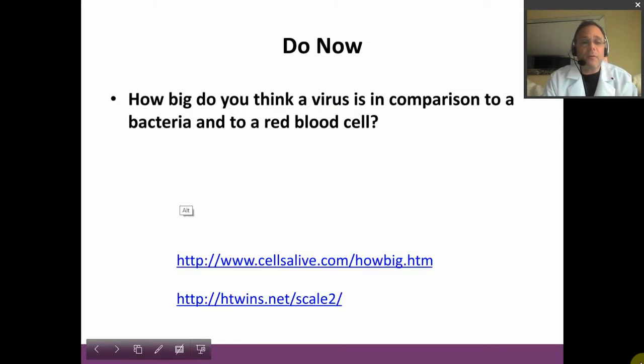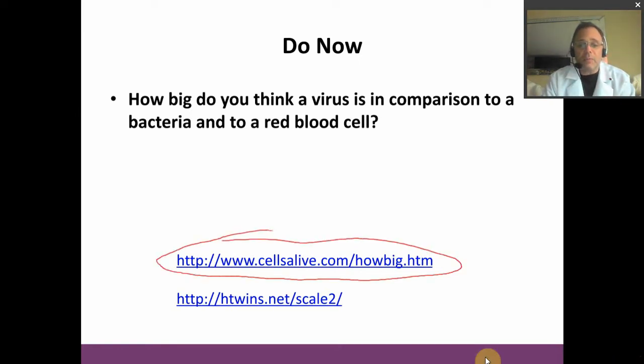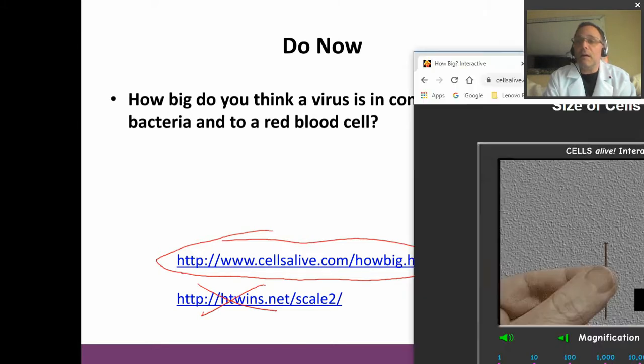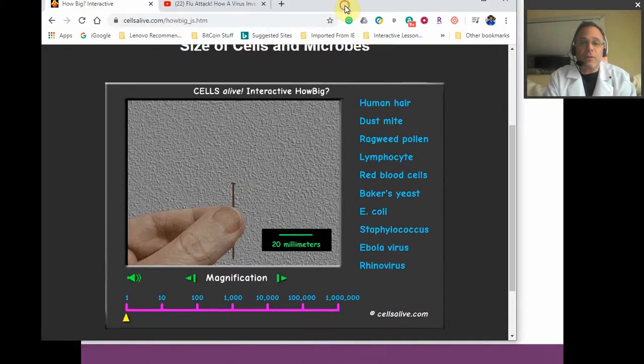So how big do you think a virus is in comparison to bacteria and to red blood cells? To help us, we have this website. This one did not work when I attempted to launch it, so let me show you the one that does work.